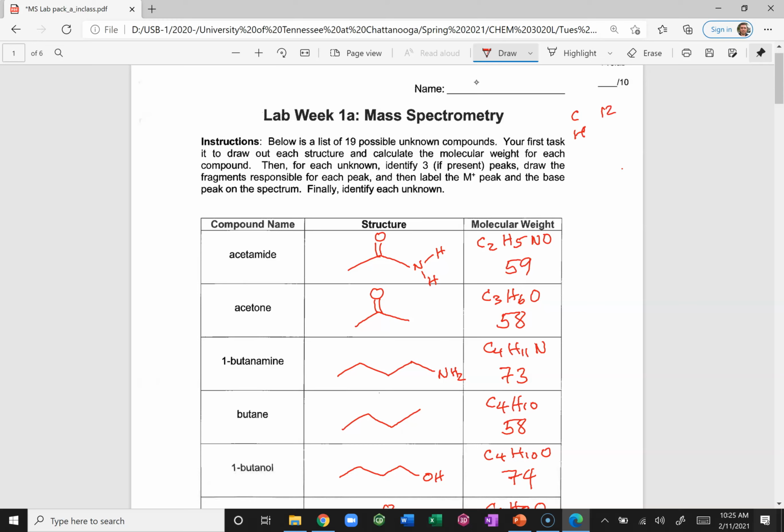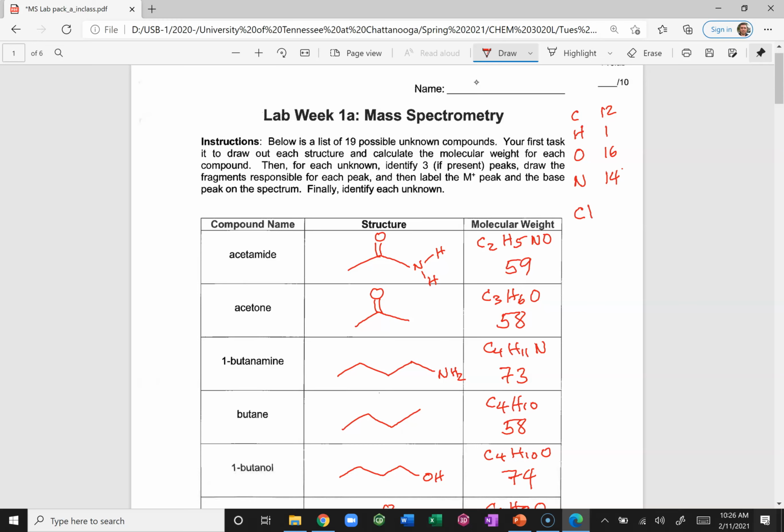Carbon will be 12, hydrogen will be 1, oxygen 16, nitrogen 14. Sometimes I get confused with nitrogen, but it's 14. Cl is 35.